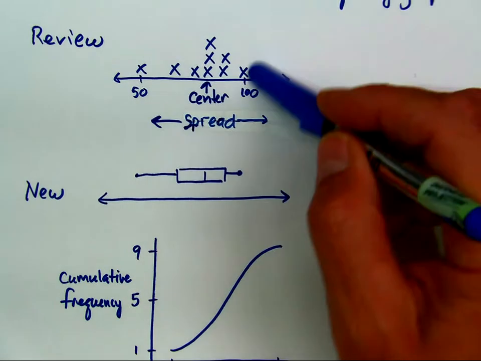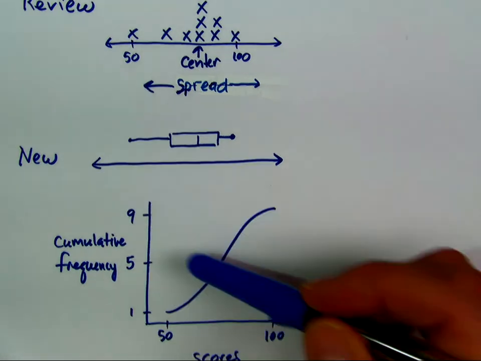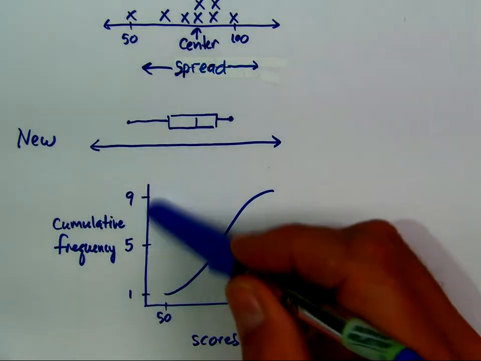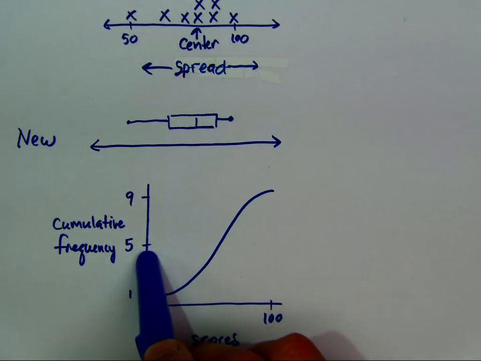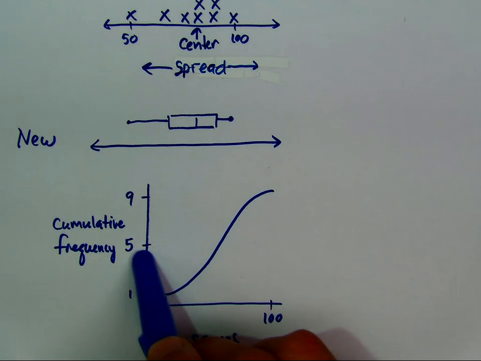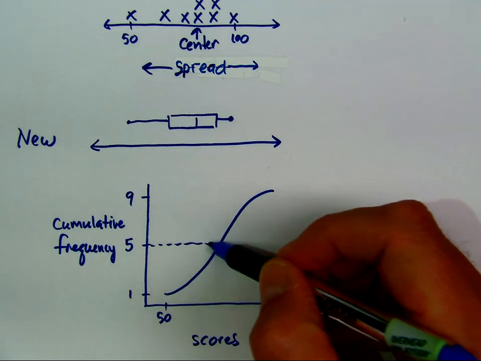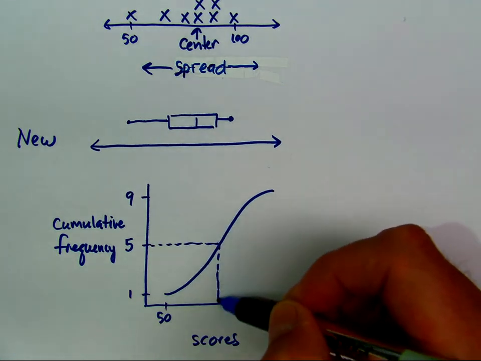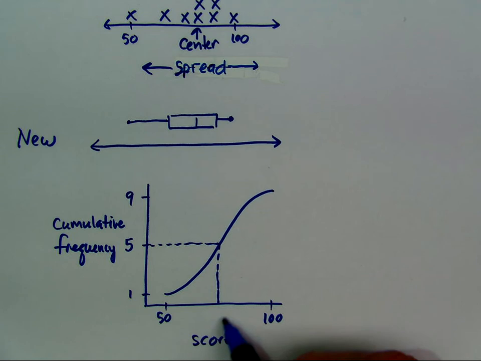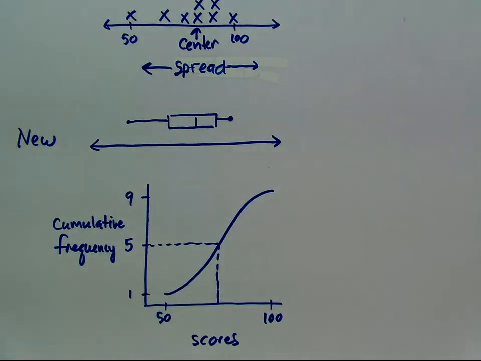But if we have 9 scores, the cumulative frequency is here, and then we would be able to identify that the median would be the 5th score. So then we would just go over here and look down to find out whatever the score is, and we'd say that score is the median, and we did it by using these cumulative frequencies.